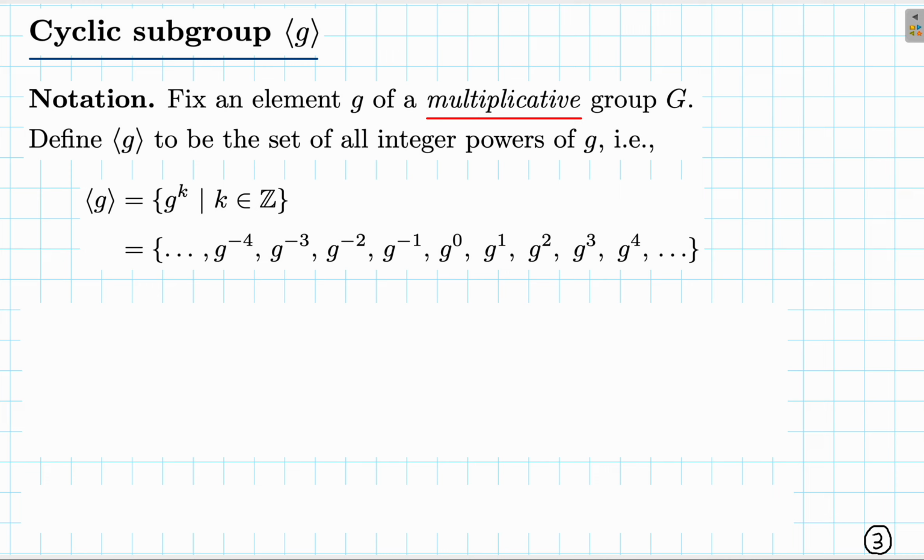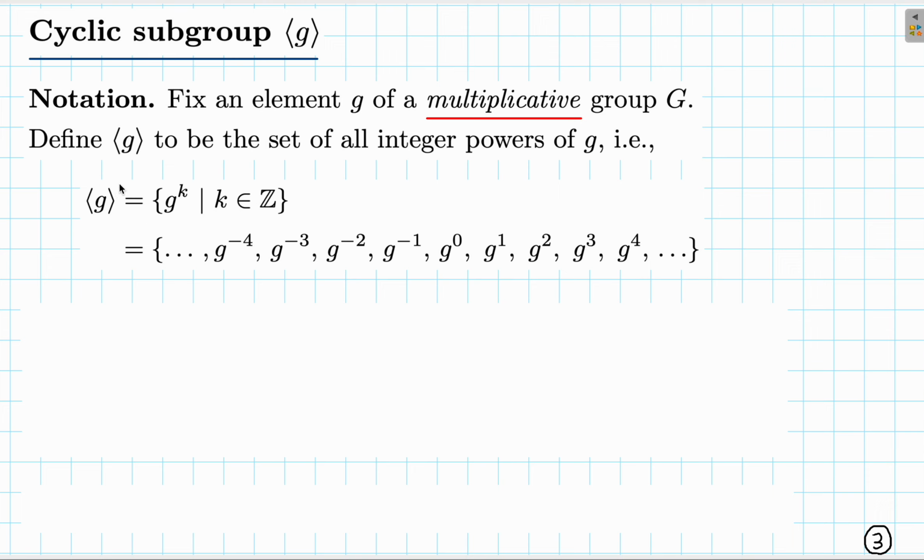Let's review a notation from the previous lesson. We fixed an element little g of a multiplicative group capital G. We'll talk about the additive notation later in the lesson, but for now, let's assume that the operation of the group is multiplication. Then we define bracket g to be the set of all integer powers of our fixed element g.